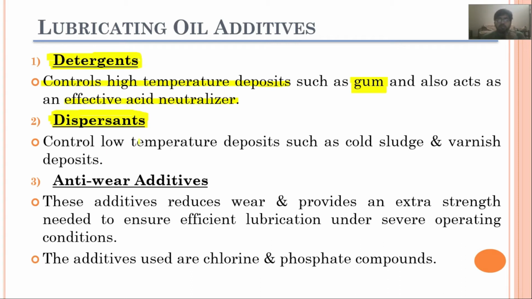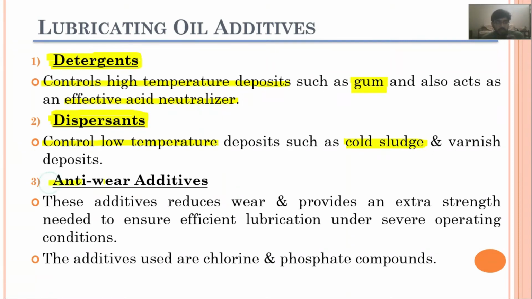What these dispersants do is they will avoid the formation of this cold sludge when we are talking about the low temperatures. So this is the main difference between the detergents and the dispersants. Detergents are basically controlling the deposition of gum at high temperature. Dispersants are controlling the deposition of cold sludge at lower temperatures.